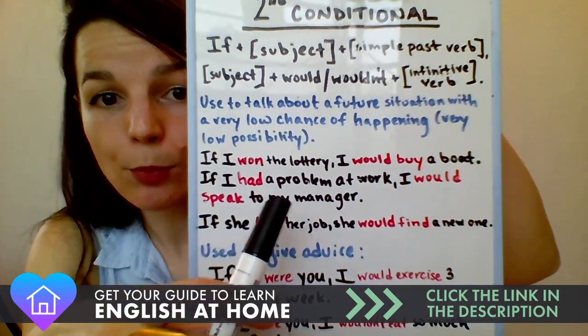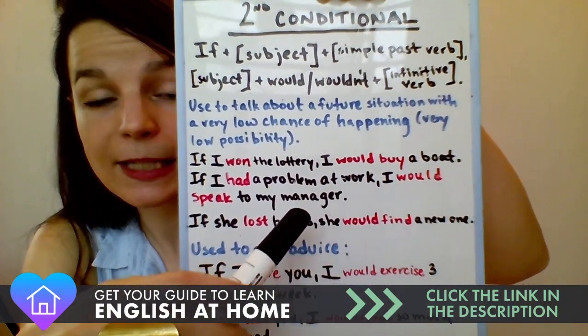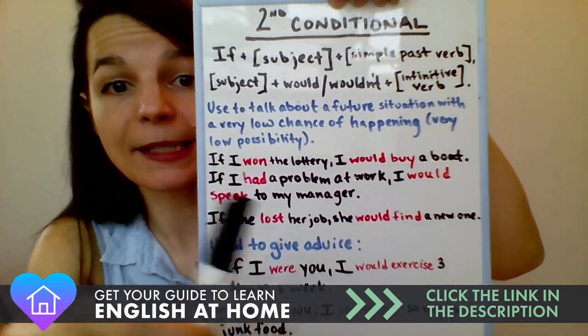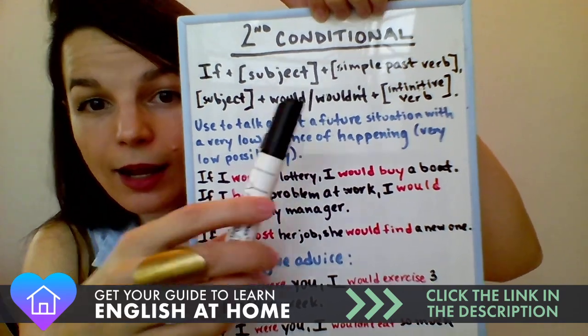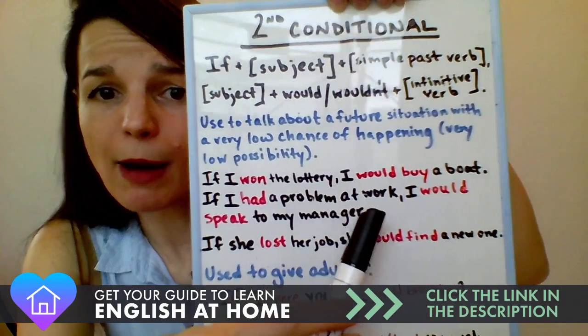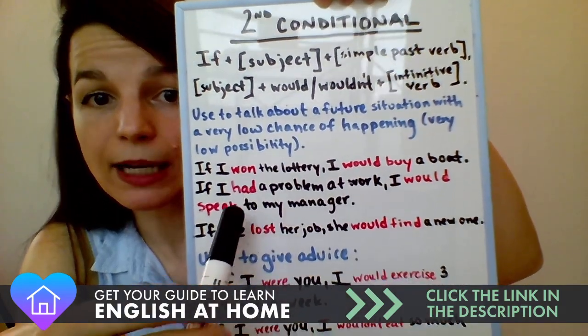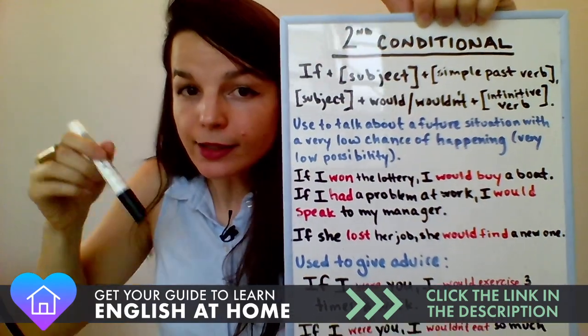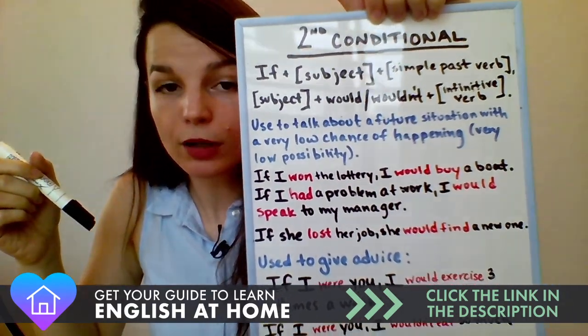If I had a problem at work, I would speak to my manager. So had is the past form of the verb have, followed by I would speak to my manager. Again, we're saying there's a low chance I will have a problem at work.